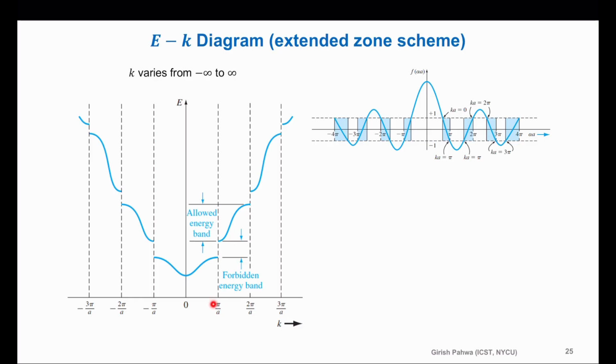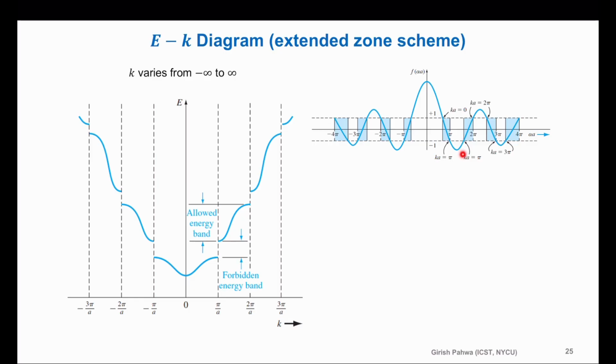At pi by A, you can see this range of energy is not allowed. This break is coming from this. These alpha A values were not allowed. So at pi by A, you have this value of energy and this value of energy, and in between you have a gap. This corresponds to this.